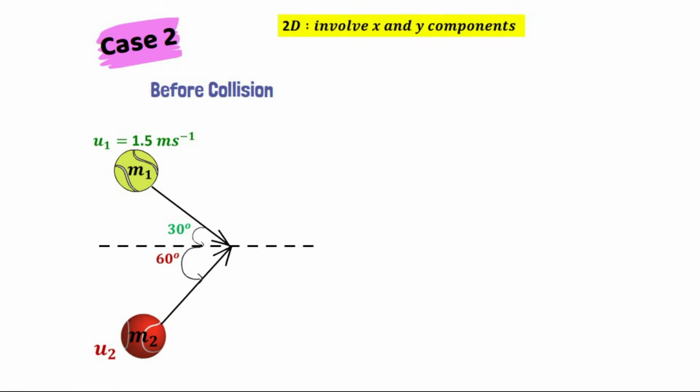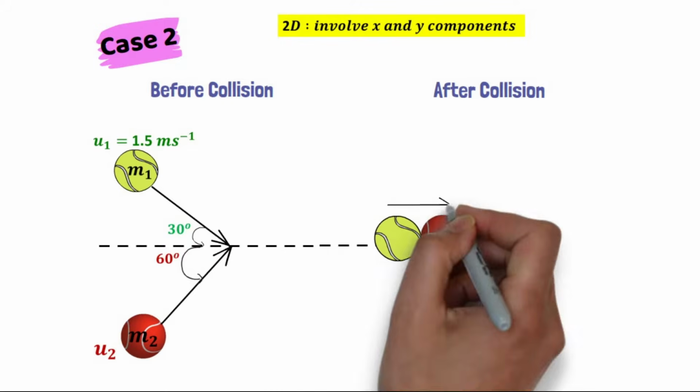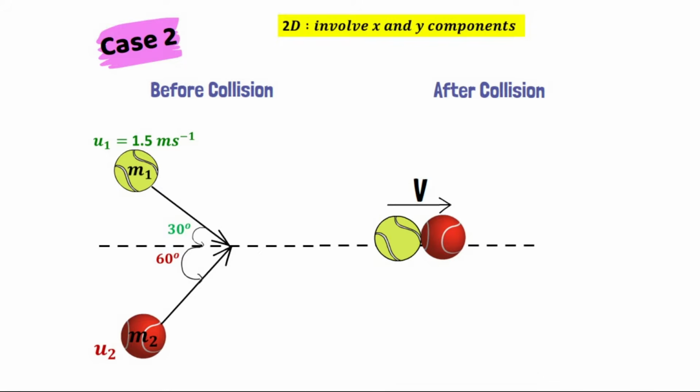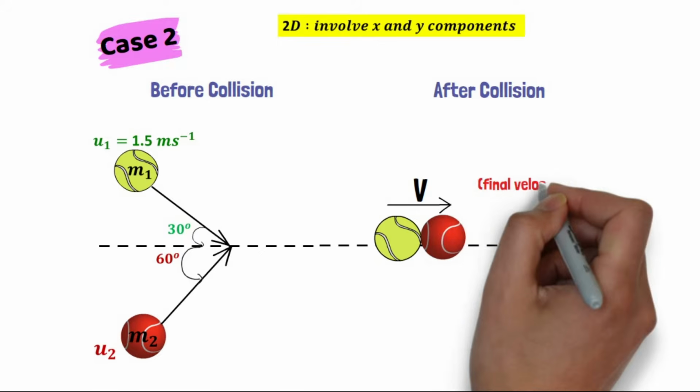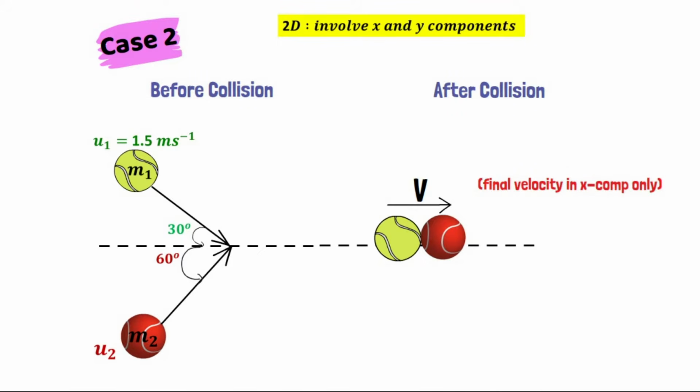So, given that after collision, both objects are moving in a straight line, which is in X direction only, and they are stick together, so final velocity hanya ada satu nilai sahaja because M1 and M2 are stick together.